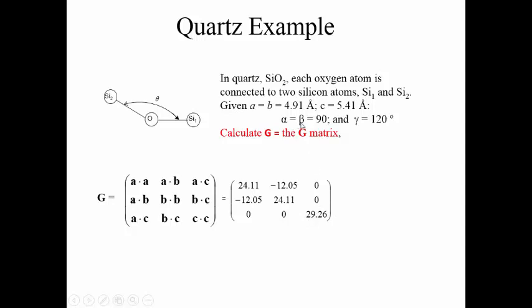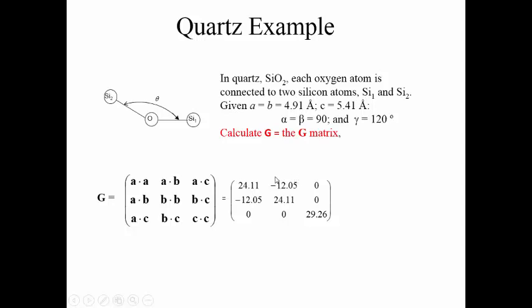And then you have alpha equal beta equals 90 degrees. That gives these off-diagonal terms equal to 0 because the cosine of 90 degrees is 0. And then you have the 120, which would be, over here, essentially this squared times a half.